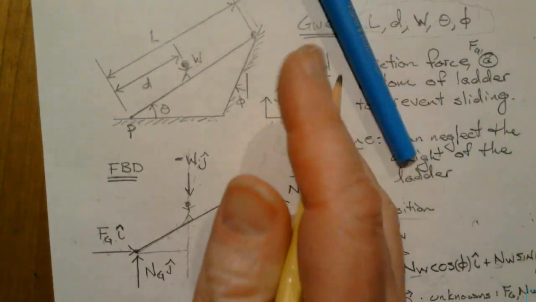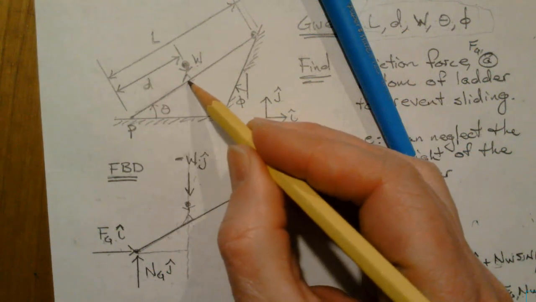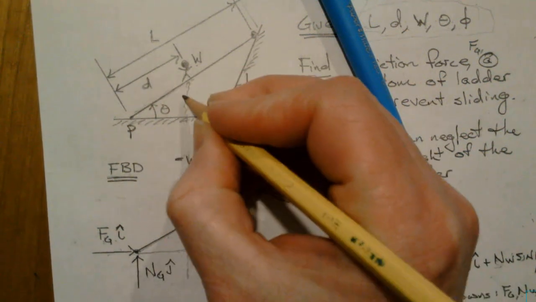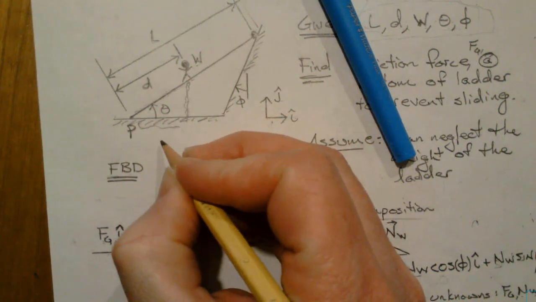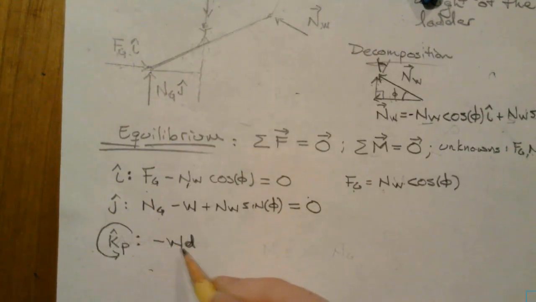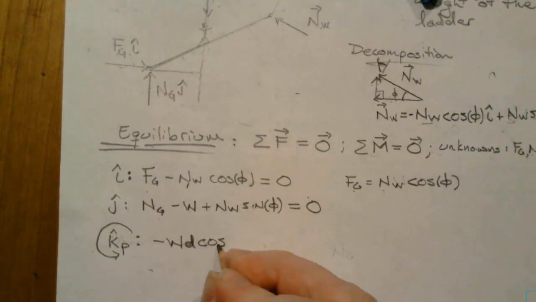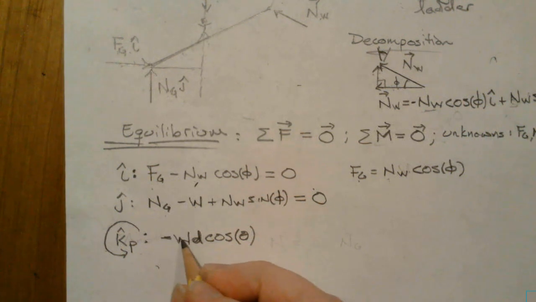Right? That's probably a better way to look at it up here. So here's a distance d. This distance right here would be d cosine theta. So what we have is W d cosine theta as the moment coming from the weight, right? Negative because it's producing a clockwise moment, and we're calling counterclockwise positive. So there's the moment due to the weight.